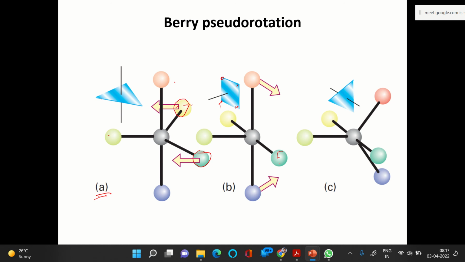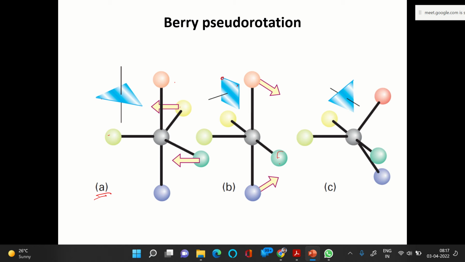Can you imagine this, the triangle, this was the triangle, the two move out, and we are now having a square, and this is the apex of a square pyramid. Can you see this square pyramid, right?